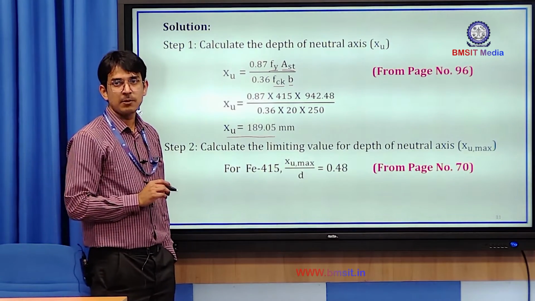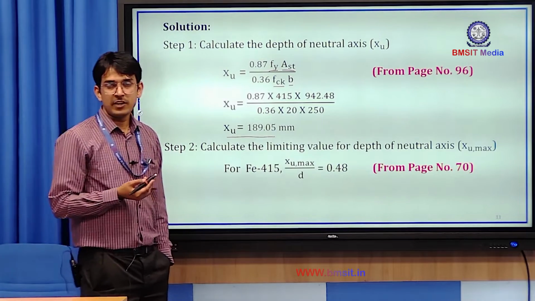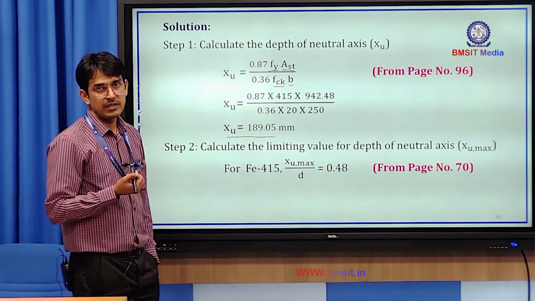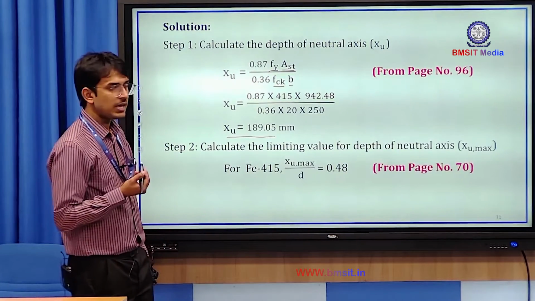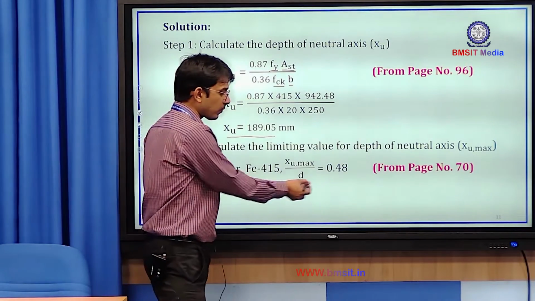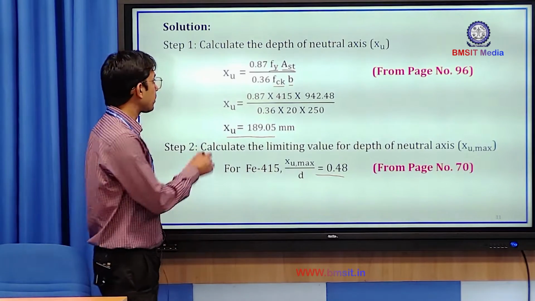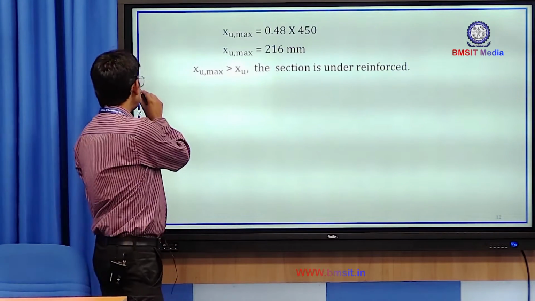So this is the first part of the question. In the second part, they are asking us to find the type of section. For that we require the limiting value of the depth of the neutral axis. We know for Fe415 the ratio XU max by D equals 0.48. It is also given at page number 70, as I already told you. Now we compare both values.